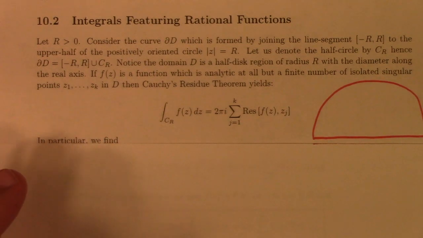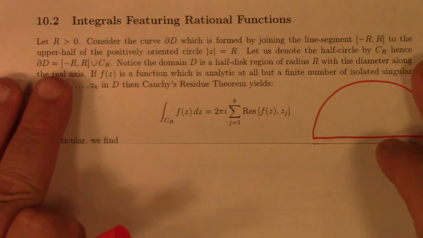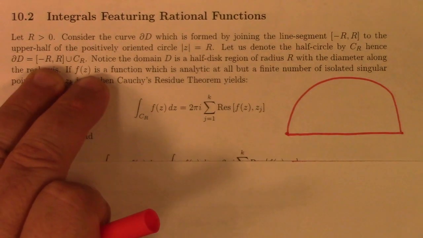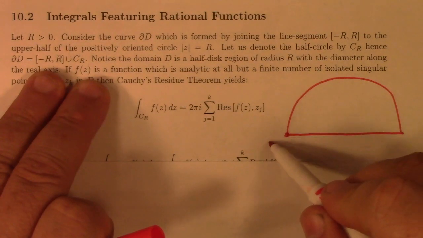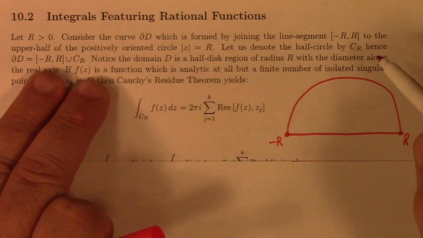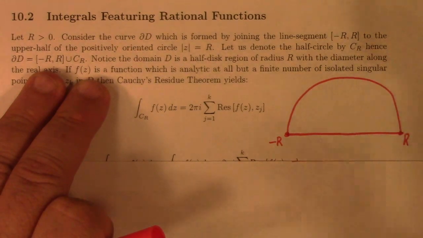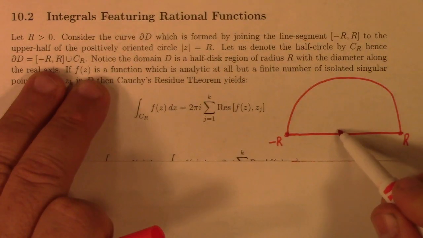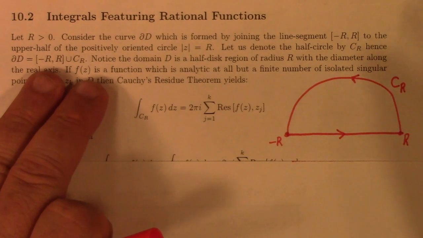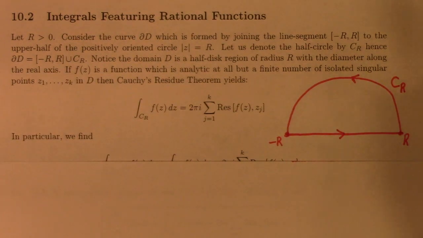The half circle goes from minus R here to R here, and we want it to go counterclockwise, so it goes like this. Half of a circle, I'm denoting it C sub R in this discussion.